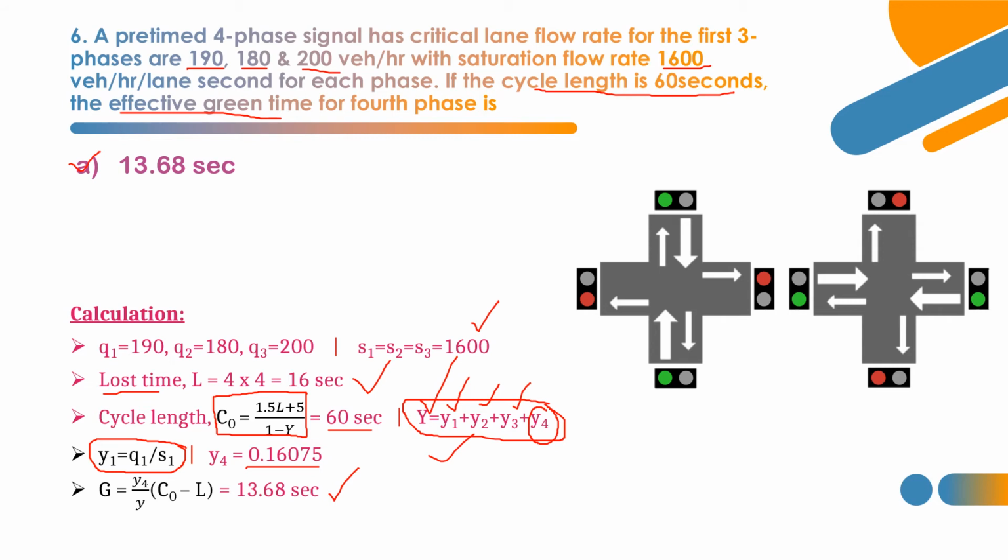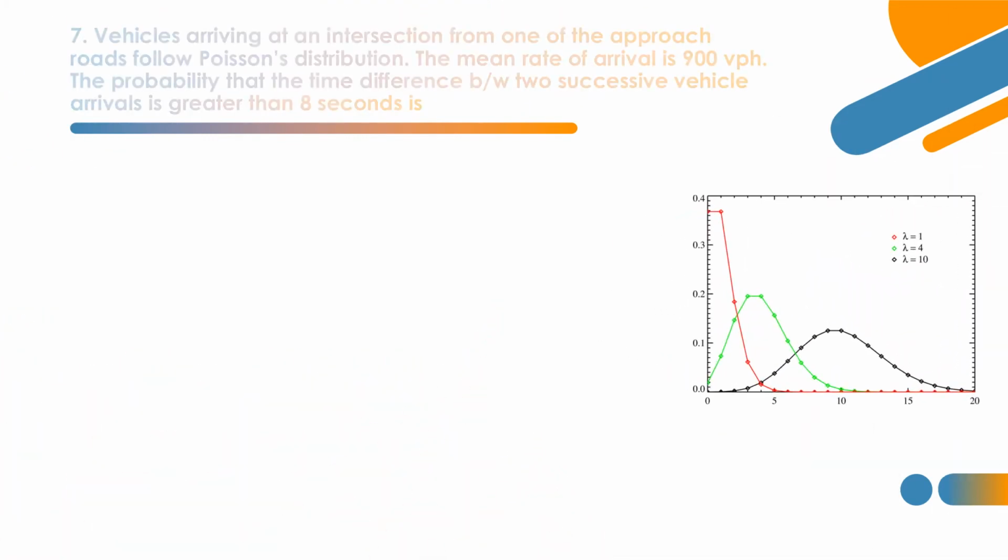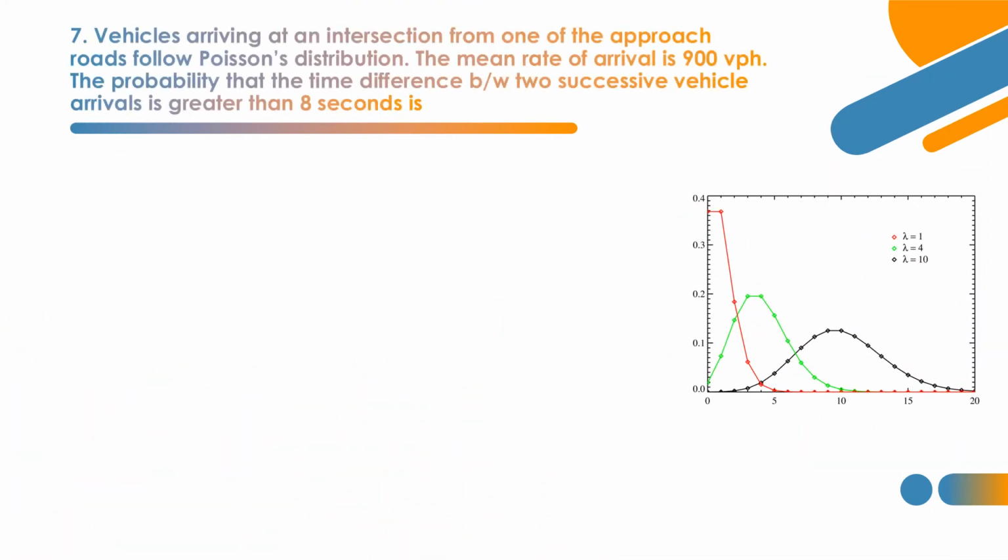Now let's move on to the seventh question. The seventh question is based on Poisson's distribution. Vehicles arriving at an intersection from one of the approach roads follow Poisson's distribution. The mean rate of arrival is 900 vehicles per hour. The probability that the time difference between two successive vehicle arrivals is greater than 8 seconds is what?